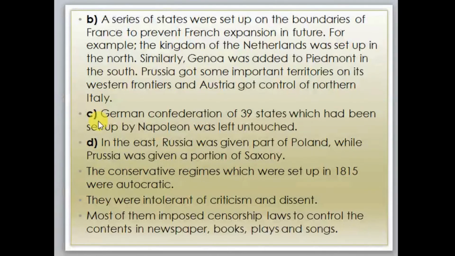Third step, German Confederation of 39 states, which had been set up by Napoleon, was left untouched. Fourth step, in the east, Russia was given part of Poland, while Persia was given a portion of Saxony.